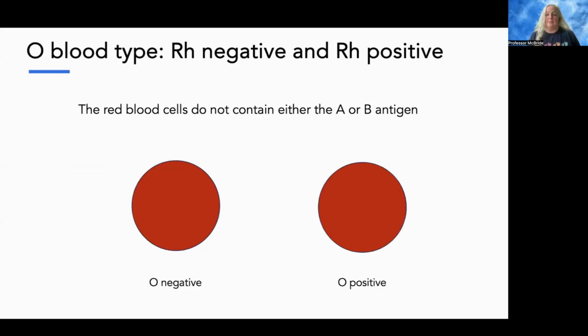For O blood types, the red blood cell does not contain either an A antigen or a B antigen. And so for an O negative, we have no A antigen, we have no B antigen, and we don't have the Rh factor. If we have the Rh factor, then we're O positive. We still don't have any antigens. Not A, not B.